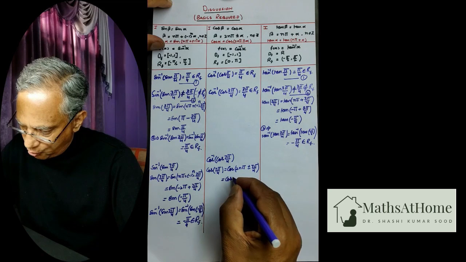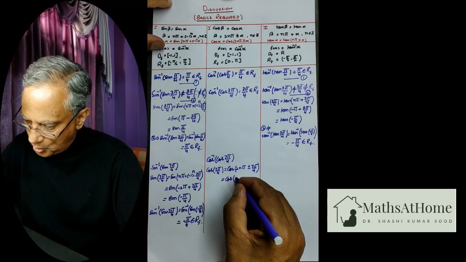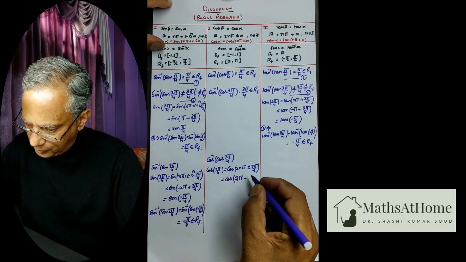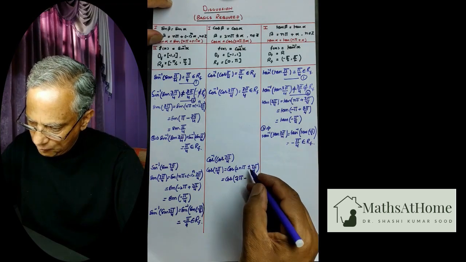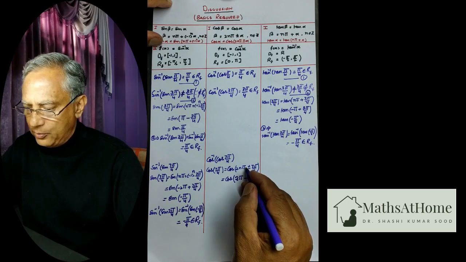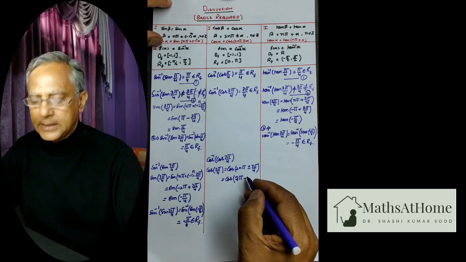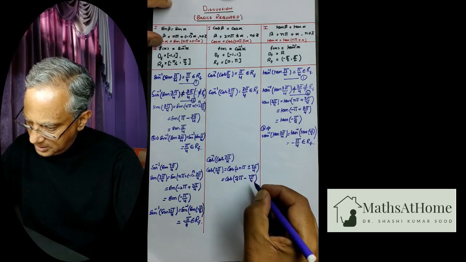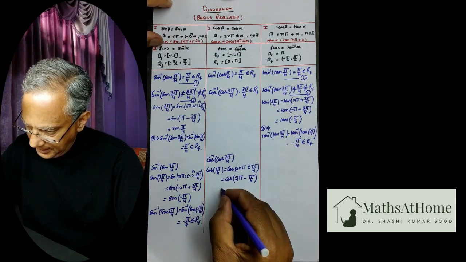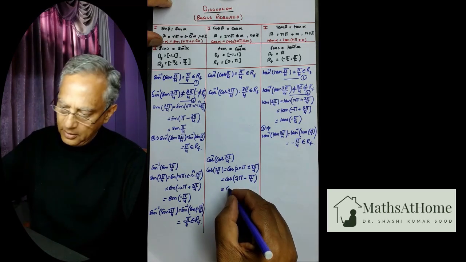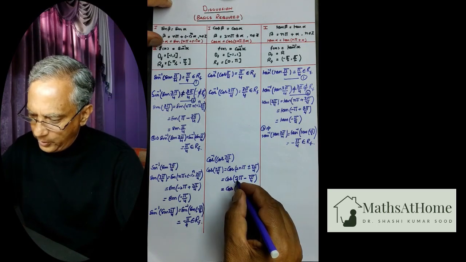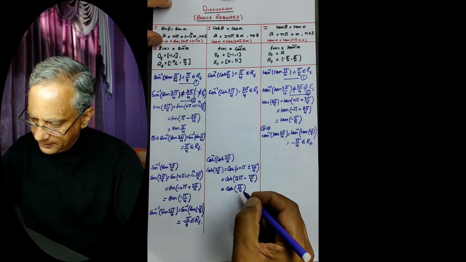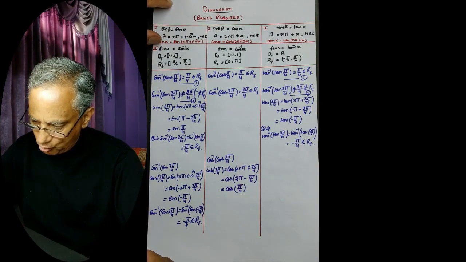So n equal to 1, this is cos of 2 pi, and we will take a negative sign. We can take either plus or minus. Plus value does not lie in the range, but minus lies in the range of the function. So this is equal to cos of 8 pi minus 7 pi by 4, which is pi by 4.